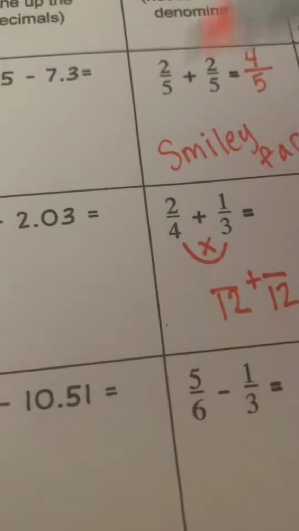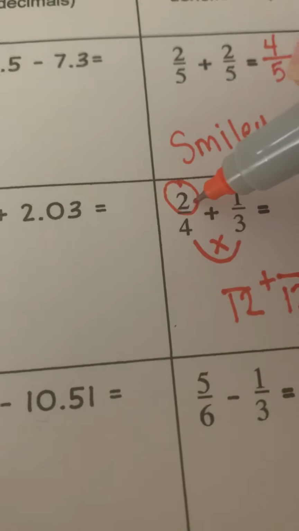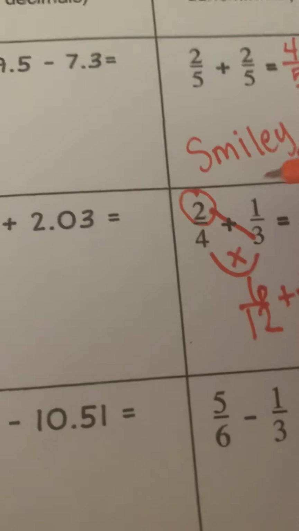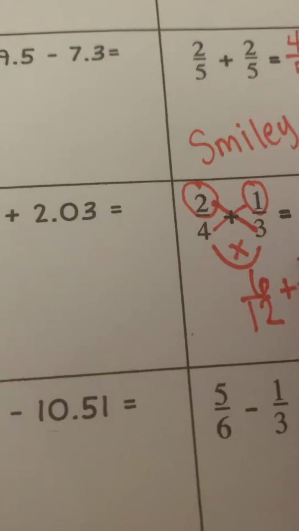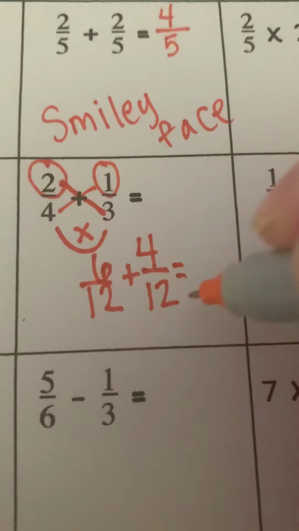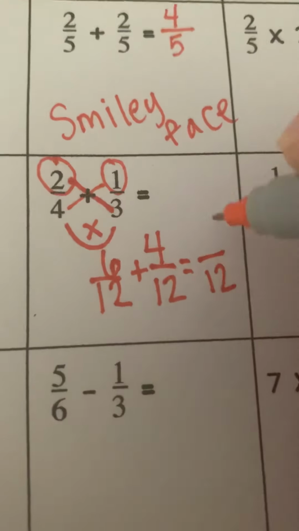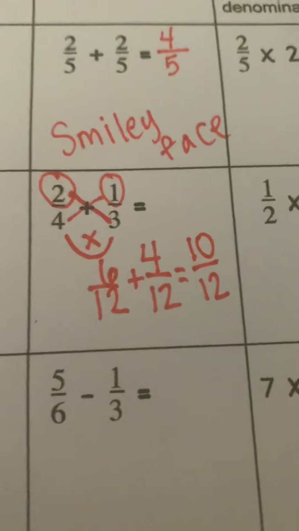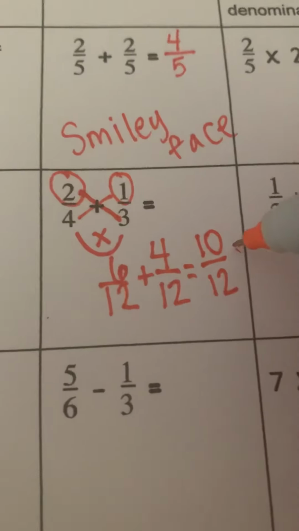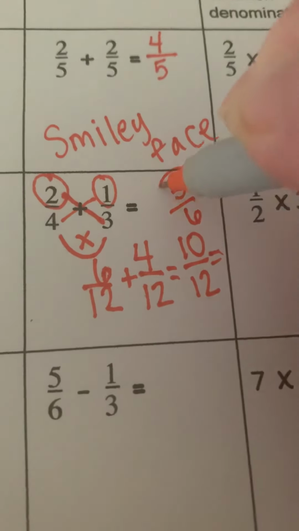Now to do the rest of my smiley face, I'm going to cross multiply. 2 times 3 is 6, and 1 times 4 is 4, which gives me a total of, now I have common denominators, so my denominator stays as a 12, and I just add my top numbers together. Then of course I also know that these are both even, so I can divide them both by 2, and I would end up with 5/6 in simplest form.